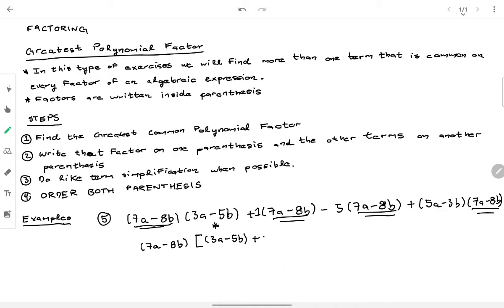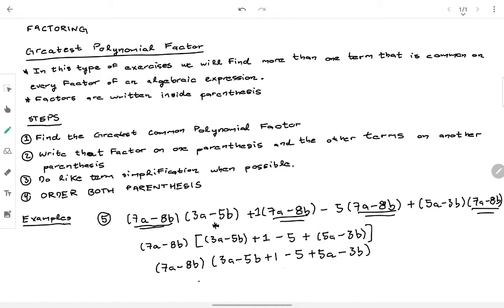So it's going to be plus 1 minus 5 plus 5a minus 3b. I close the brackets, so it's going to be 7a minus 8b. All of it multiplied by 3a minus 5b plus 1 minus 5 plus 5a minus 3b.